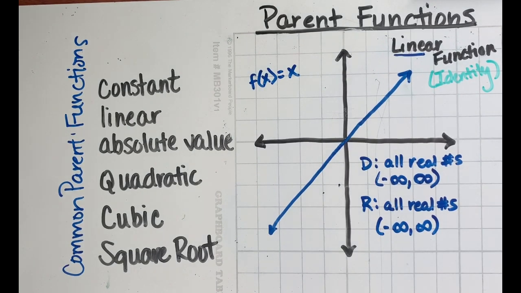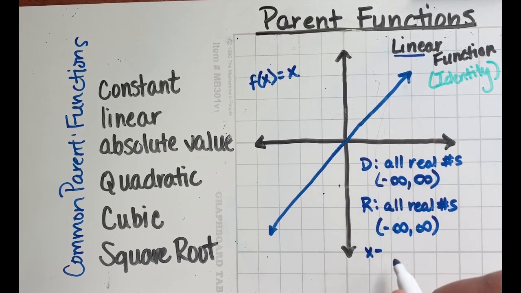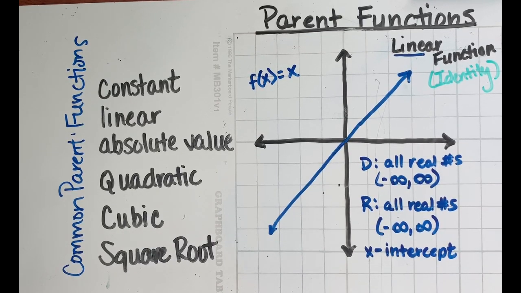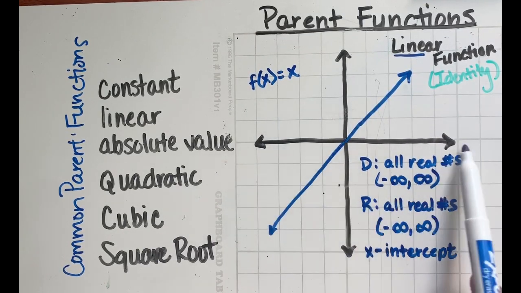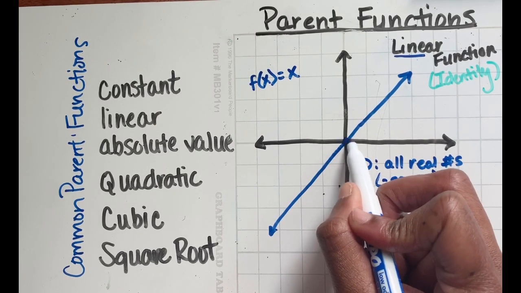Now let's look at our x-intercept and our y-intercept. Remember, our intercepts are where it touches that axis. For my x-intercept, I need to know at what point this graph touches the x-axis. It touches right here on the x-axis, right?